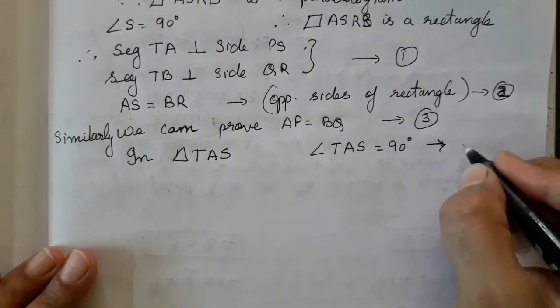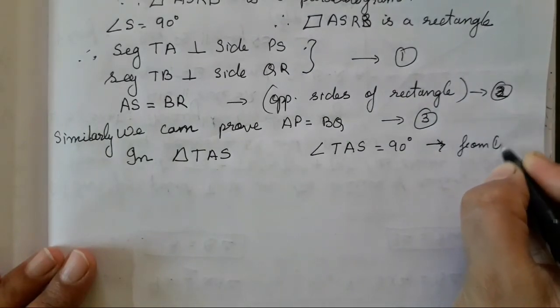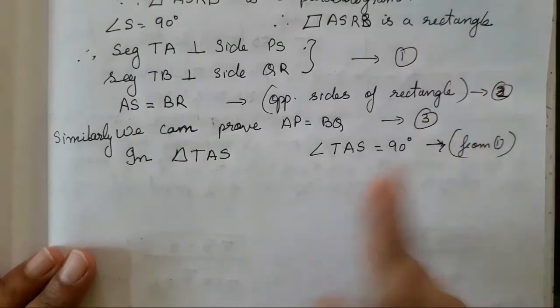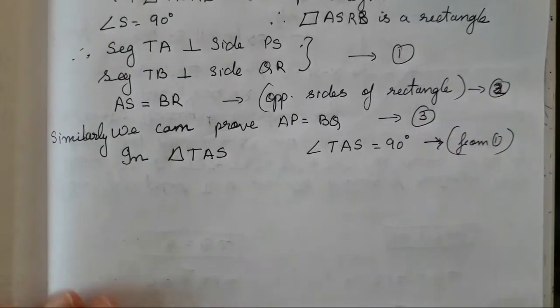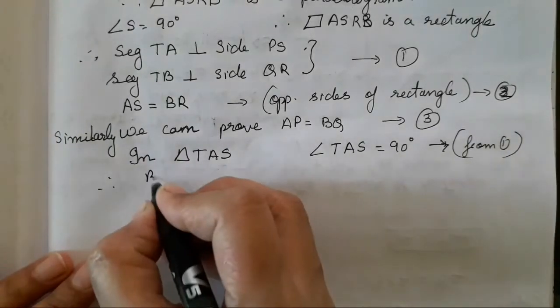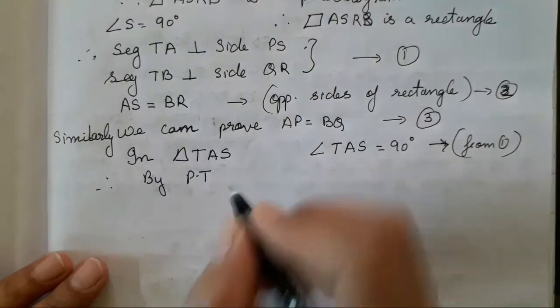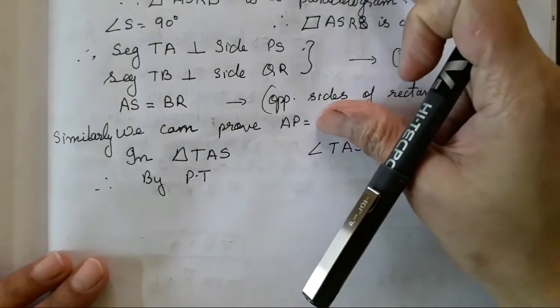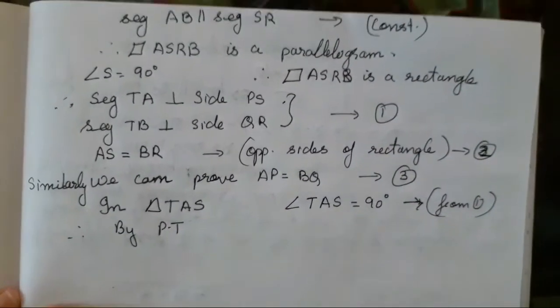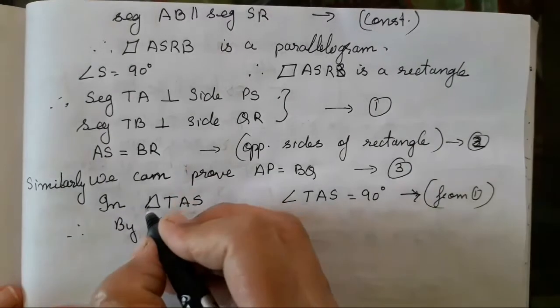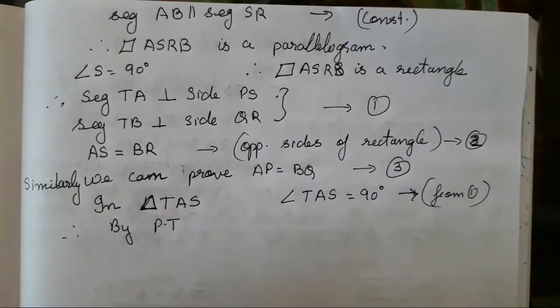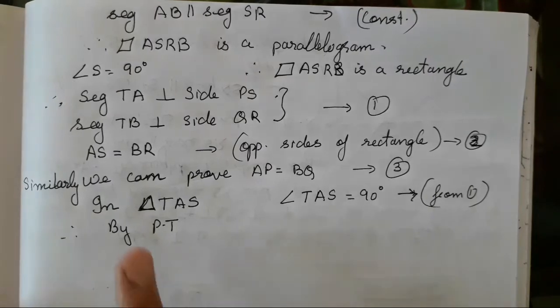from first. We have to keep all these reasons ready so that we can directly write from first, second and third. Understand, children, we have kept these reasons ready in order so that whenever we take a triangle, we have to show by using the Pythagoras theorem.